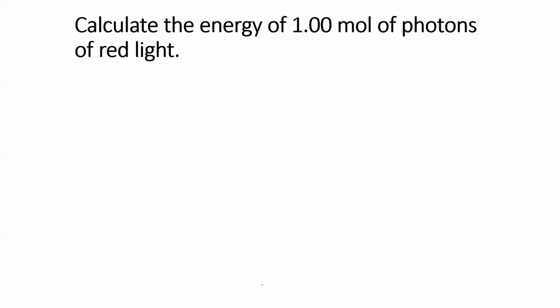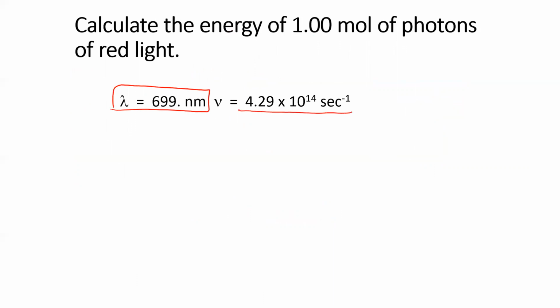What if I have to calculate the energy of not one photon, but a mole of photons of, let's say, red light? They'd either have to give you the wavelength of the red light, or the frequency. Either way, it doesn't really matter. If they gave you wavelength, you could determine the frequency because we know the speed of light is lambda times frequency. We could plug in the lambda and the speed of light.